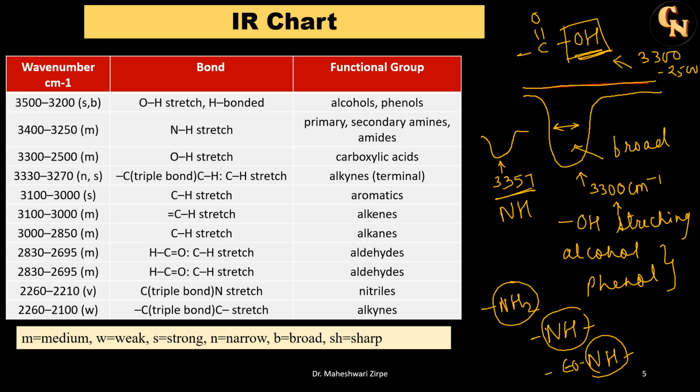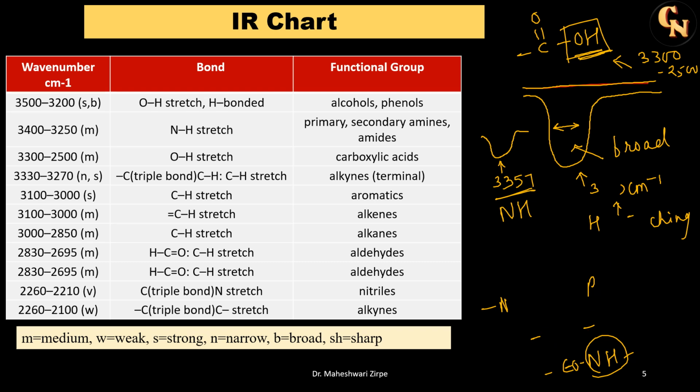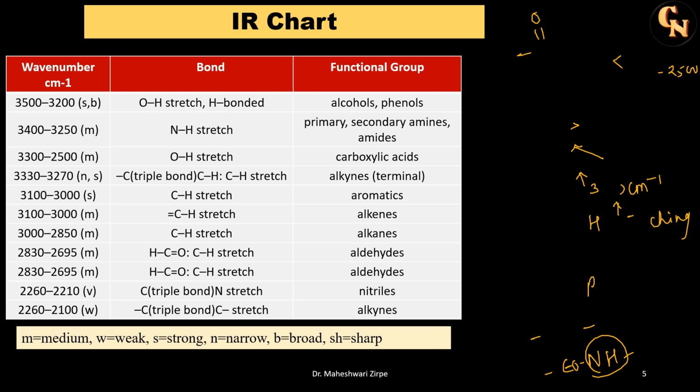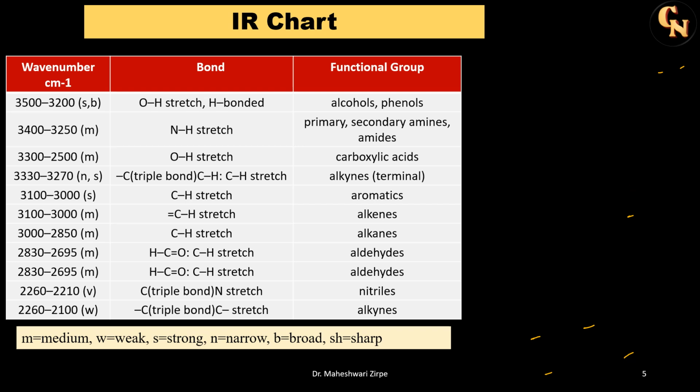Okay, so this way we can distinguish between the OH of alcohol, OH of phenol, OH of carboxylic acid, and so on. Seeing the signal, we have to guess which OH the stretching belongs to.